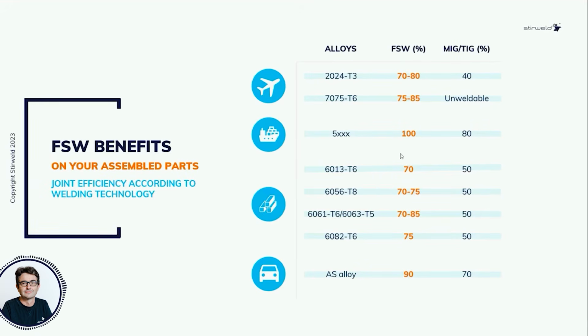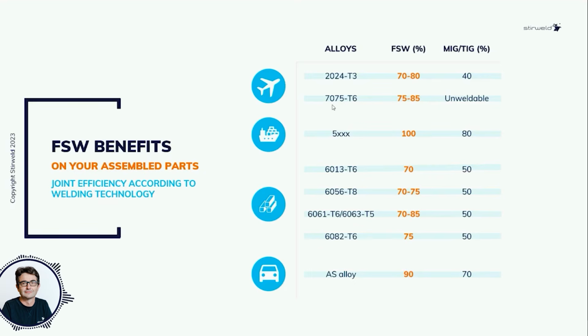So we can sum up and say that by friction stir welding, we can get a weld 2 times stronger than fusion welding.